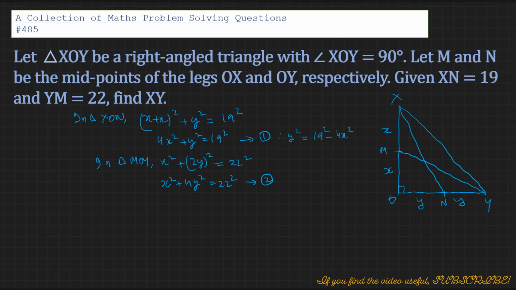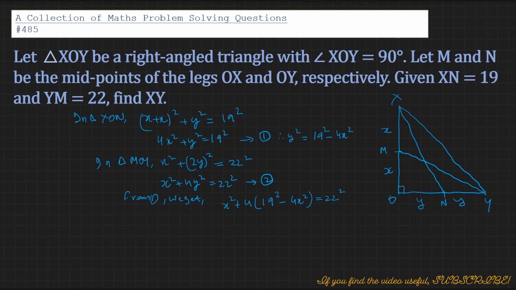So from 1, do whichever is easy, whichever suits better. From 1 we get x square plus 4 times y square, so 4 times (19 square minus 4x square) equals 22 square.